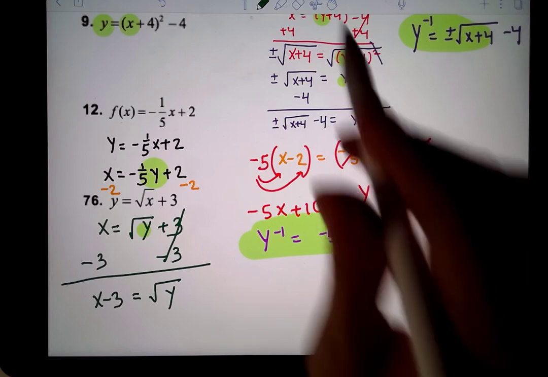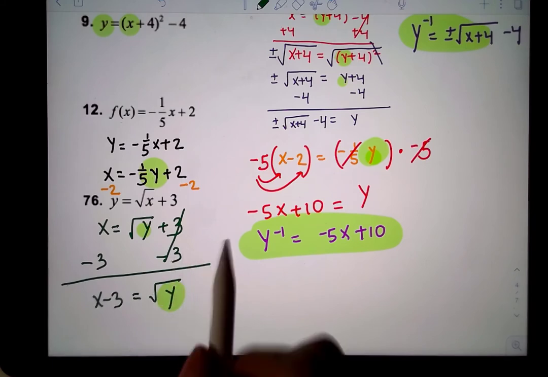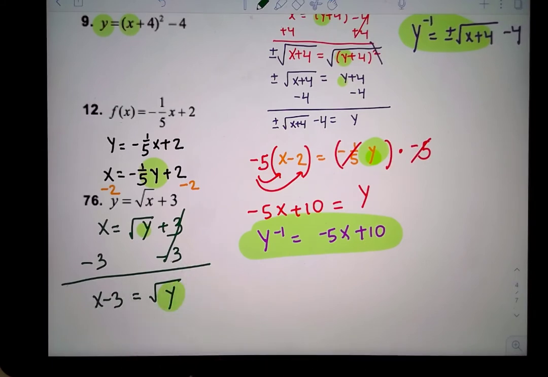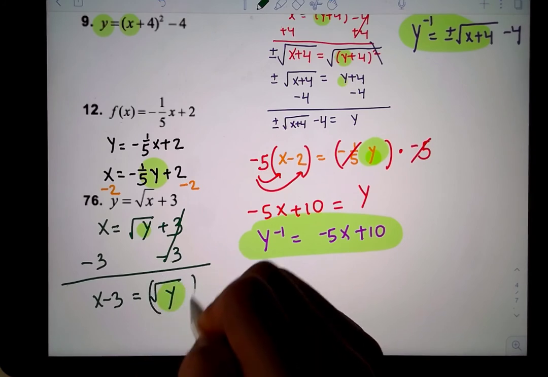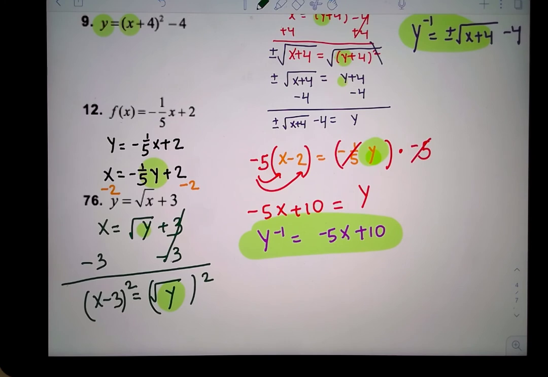Right? And then I want to get y value only. I don't need this square root, so we need to get rid of it. Opposite of square root is square. So you do square. When you take the square root, you get positive negative sign. When you square that, you don't get any.